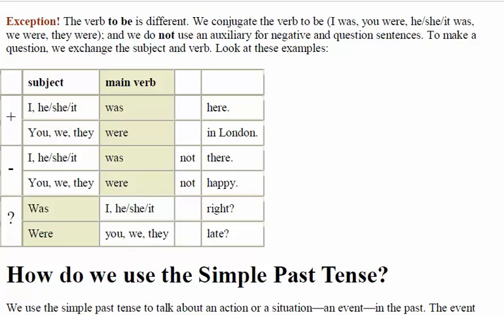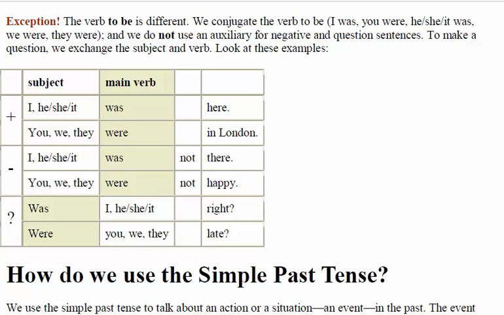Was is used for the first person or the third person singular, while were is used for the second person and plurals. So for example, I was, you were, he or she, it was, we were, they were. And we do not use an auxiliary for the negative and question sentences.